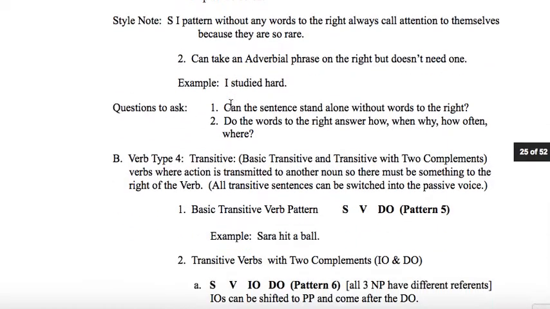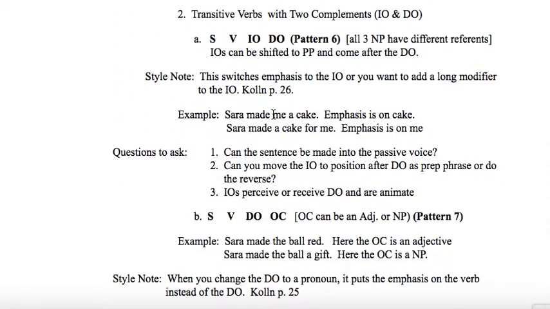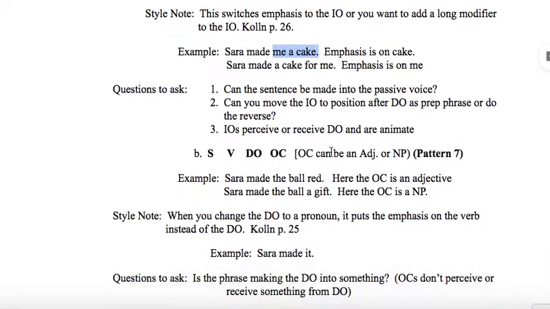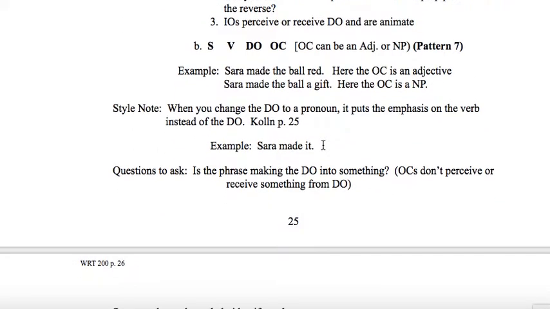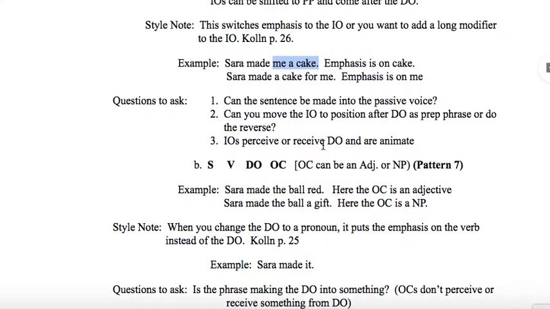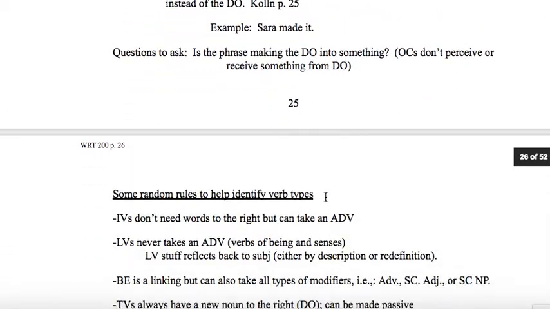But if we go down here to our transitive verbs, these are two different nouns, not restating Sarah, who she is, or describing Sarah, but rather telling what Sarah did to something or someone else. So your focus is to the right of each verb to figure out what each thing is. And I think probably your hardest verbs are going to be these transitive ones. So with a lot of practice, we're going to get this down.